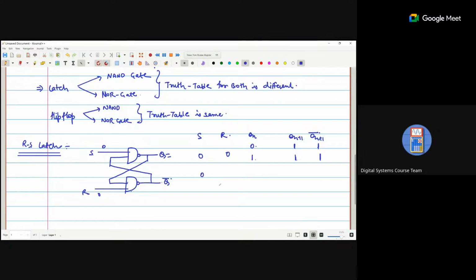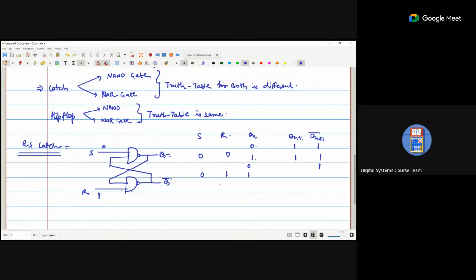Now if it is 0 and 1, S is 0 and R is 1. Now R is 1, so it depends on Q. If Q is 0, that means Q bar is 1, so the next output is 1. If it is 1, it goes in this direction.